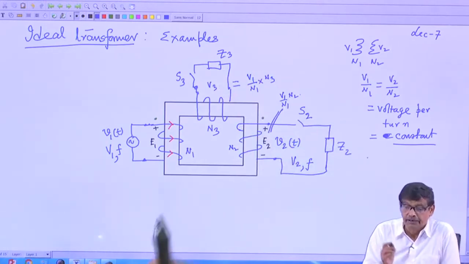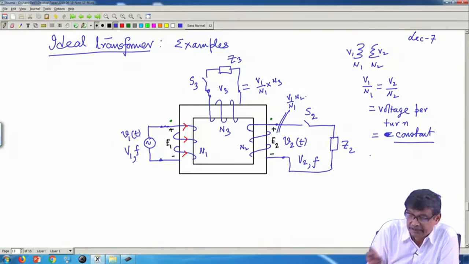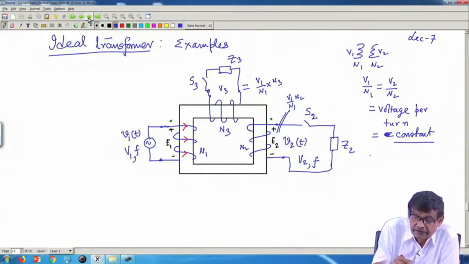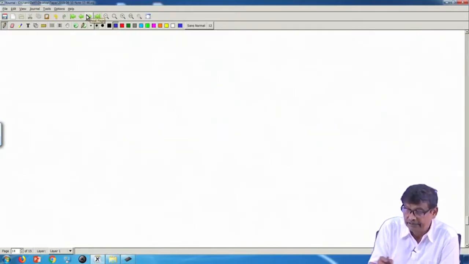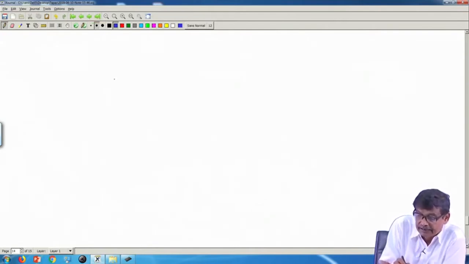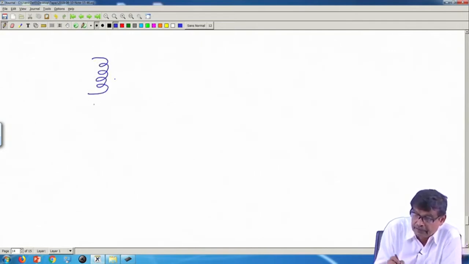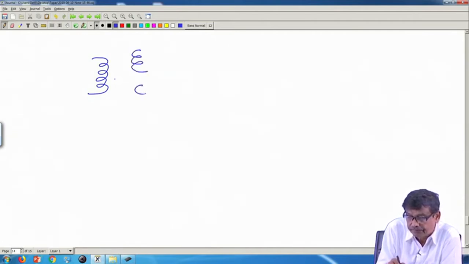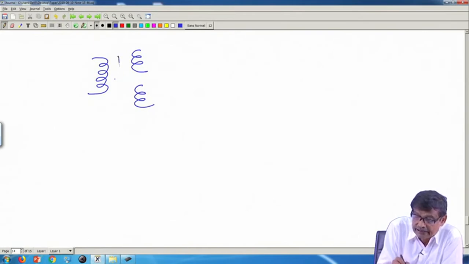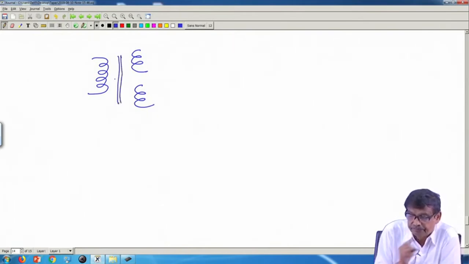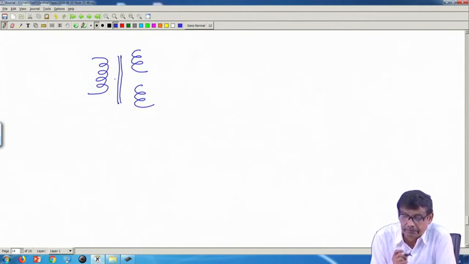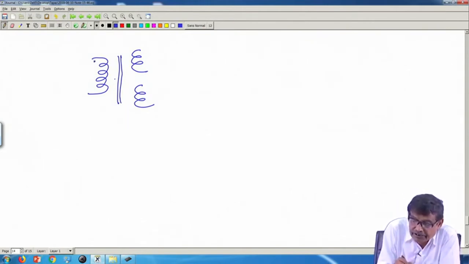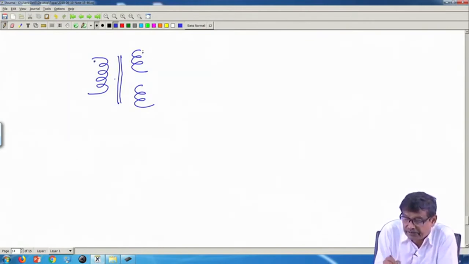Let us take numerical values so that things become much easier, and I can then draw it like this. Suppose you have a transformer, I will now draw simplified diagrams, and you have two separate secondary coils and a common magnetic circuit. This is how I can represent it, and suppose the dots are here, this is dot, this is dot, this is dot.